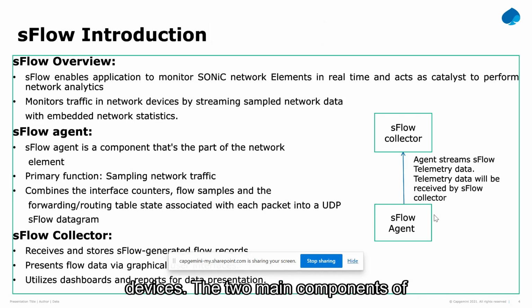The two main components of the sFlow feature are the sFlow agent and the sFlow collector. The primary function of the sFlow agent is to sample the network traffic and send these network traffic samples to the sFlow collector. Here, the sFlow agent is configured on the Sonic network element, which is the Sonic switch.